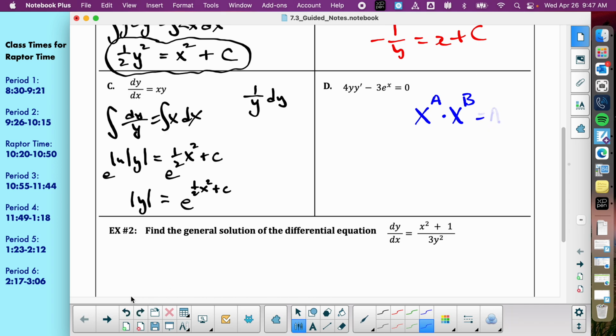What we're going to do is backwards. We have powers being added. So we're actually going to change this to say e to the 1/2 x squared times e to the c.